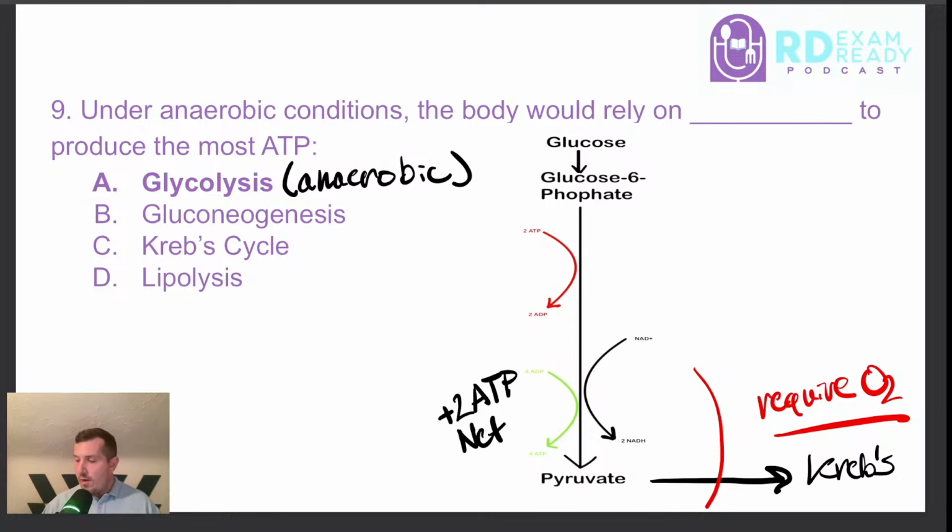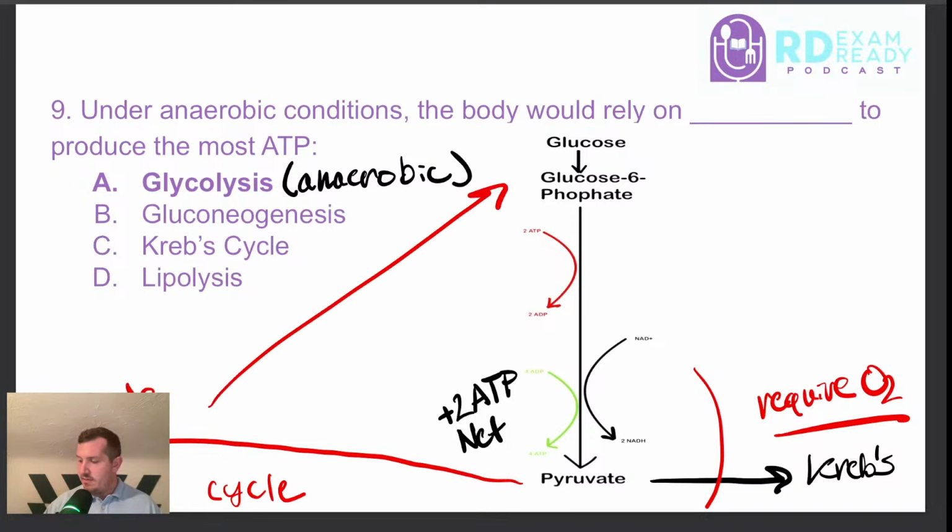We could go over to the Cori cycle too, right? The Cori cycle is what we use to take pyruvate and create lactate, and then lactate can be made back into glucose.